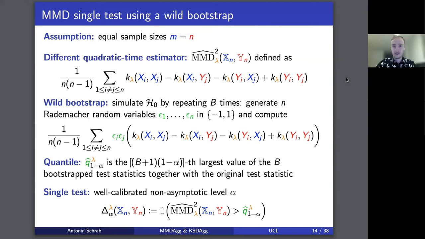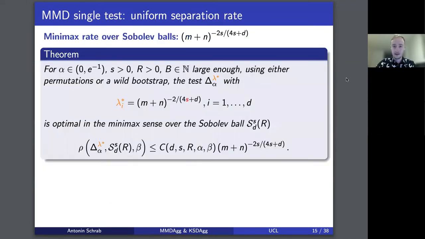And so now we have some theoretical results about the uniform separation rate of this single test. I'll just recall the minimax rate over Sobolev balls is (m plus n) to the power minus 2s divided by 4s plus d. Now if we fix our bandwidth, as I mentioned before, the bandwidth should depend on the sample size.